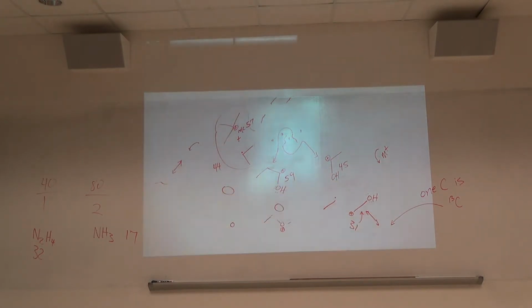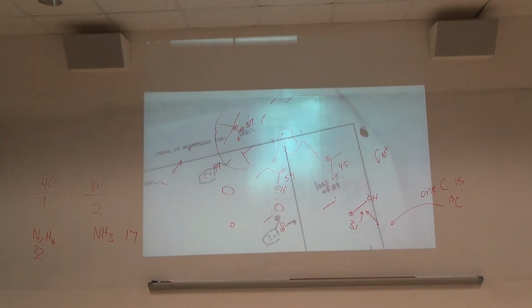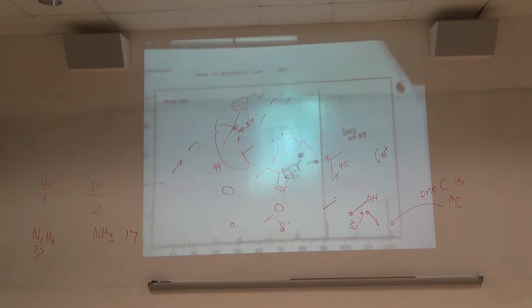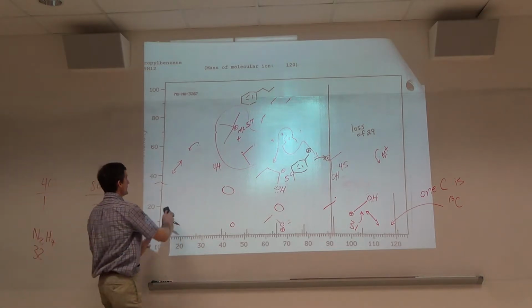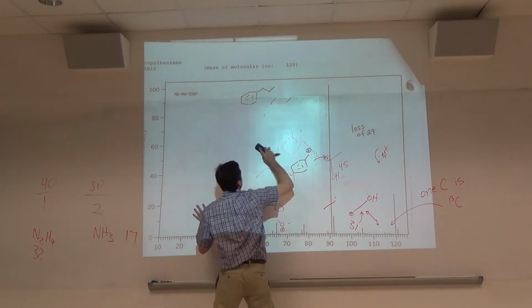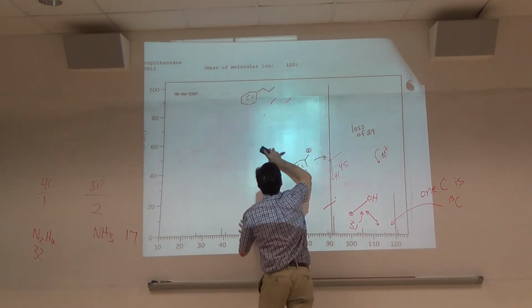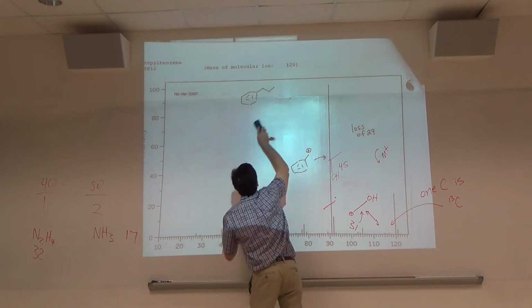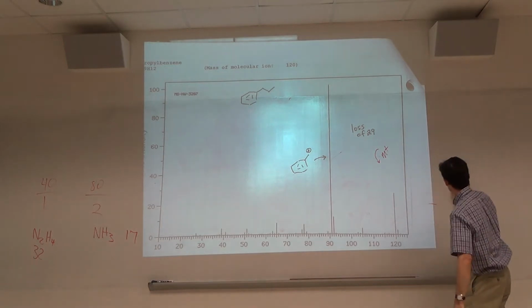Okay, now let's move over here. Basically, you have to remember the 2 ways we stabilize cations. We move lone pairs towards it. We also move pi bonds towards it. This is a compound with no lone pair, but it has pi bonds. Molecular weight's 120, and I see 120.